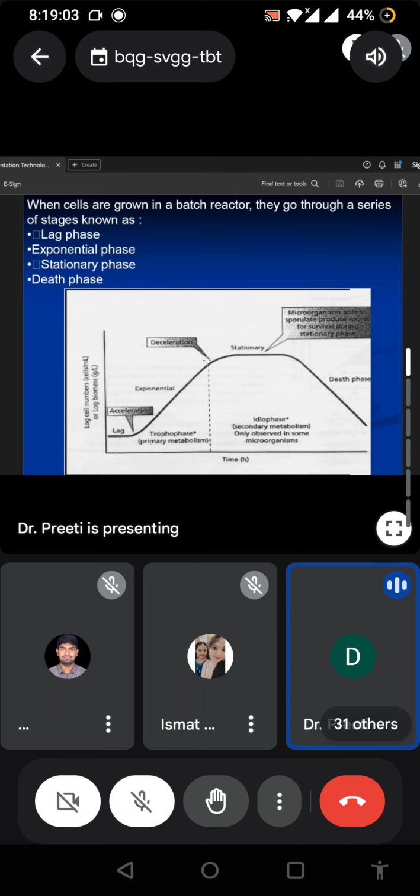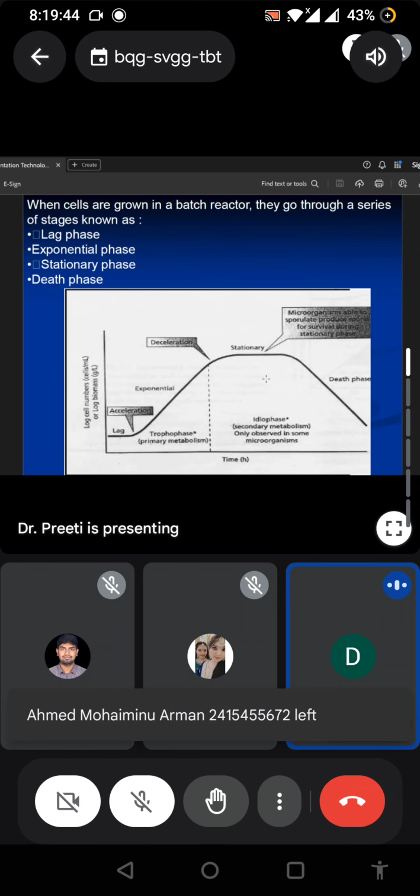So if you stop your fermentation process here after log phase, you will not get that product, because that product is produced during stationary phase. So now if you disturb these phases by continuously adding some substrate and taking out the product, what will happen inside the fermentation culture vessel?